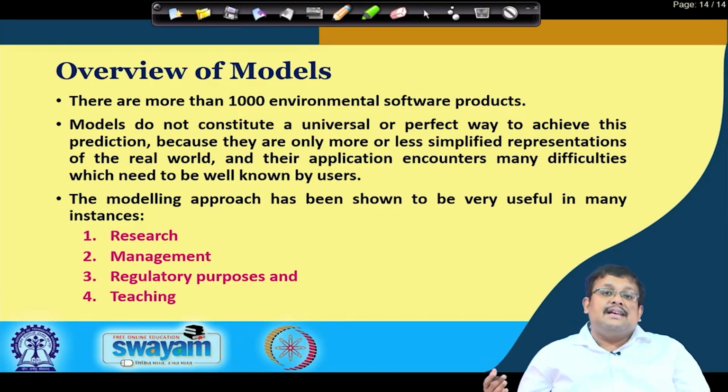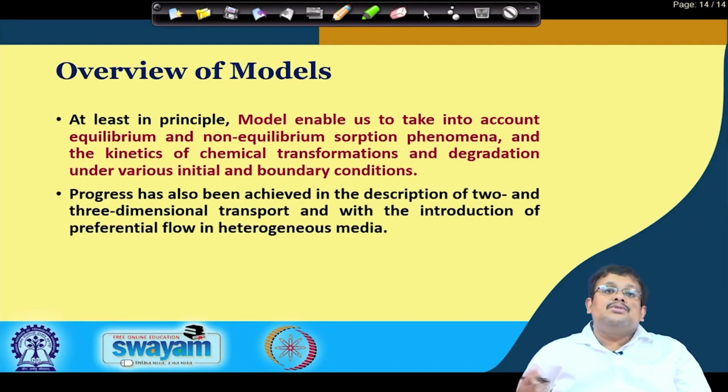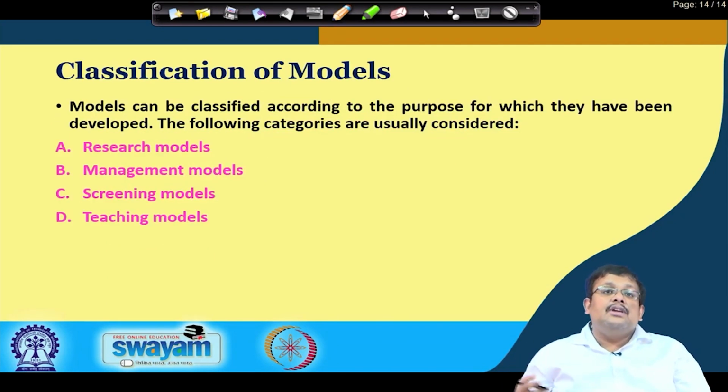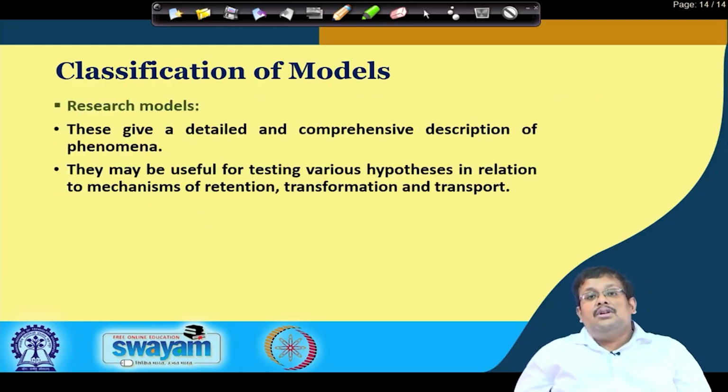And then we talked about the different instances in which the models are useful, and then we talked about the classification of the models. In the classification we started with the research models, then discussed the management models, then the screening models and teaching models.